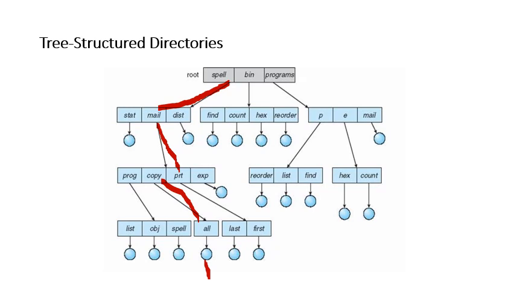The disadvantages are that every file might not fit into the hierarchical model. So files may be saved into multiple directories, not a single directory. And we cannot share the files, and it is sometimes inefficient because accessing a file may go through multiple directories. This will be the disadvantage of the tree structured directory.